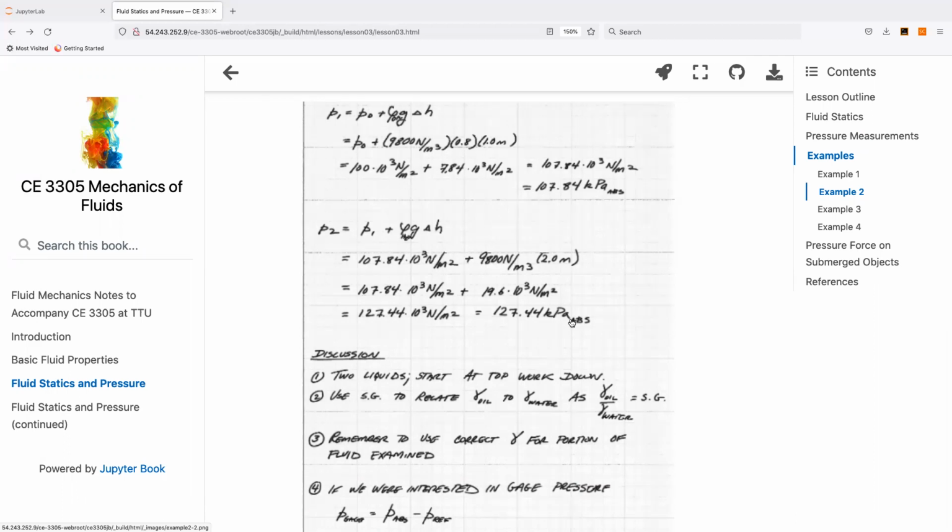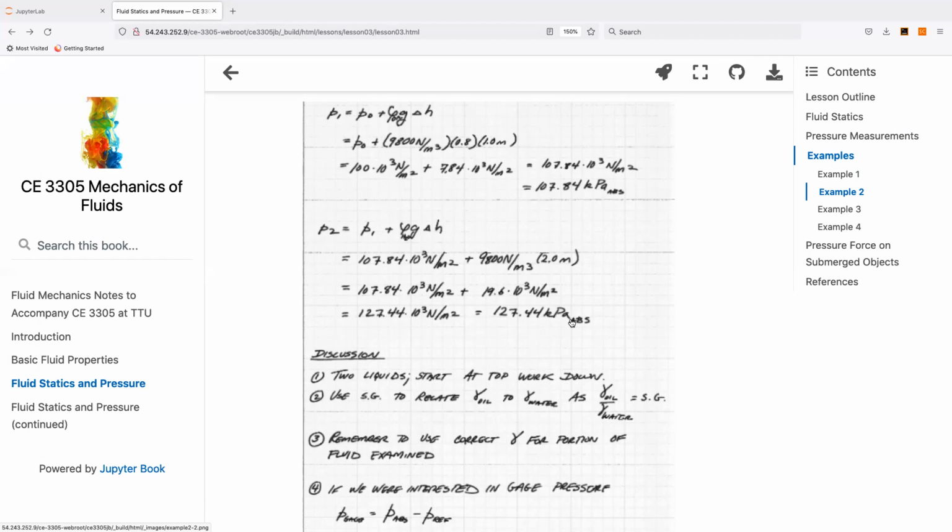We'll use that value as our new starting point for moving down in the water. So our pressure at point 2 is equal to pressure at point 1 plus the added pressure moving into the water. So 107.84 kilopascals plus 9,800 newtons per meter cubed times 2 meters. That's 7.84 plus 19.6 kilopascals, for a total of 127.44 kilopascals.